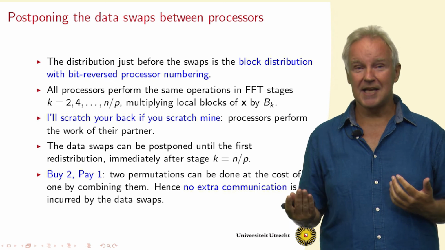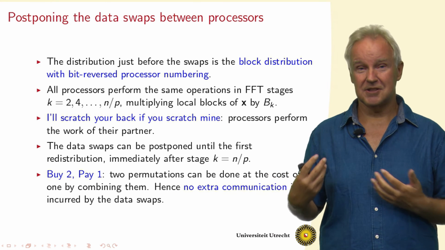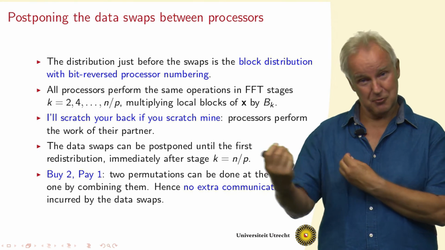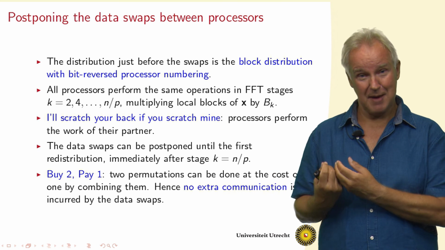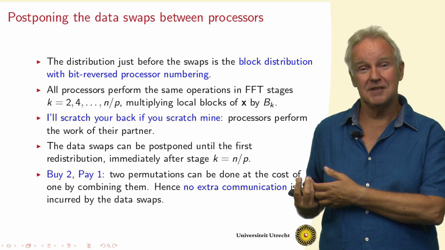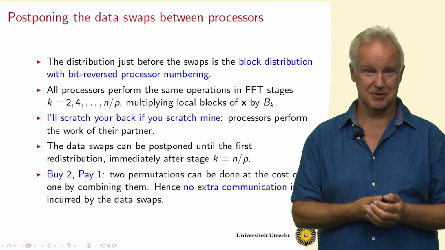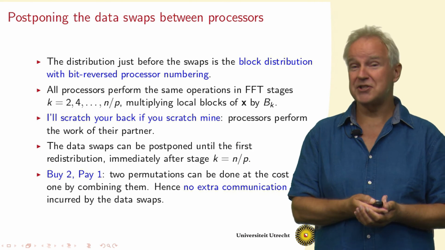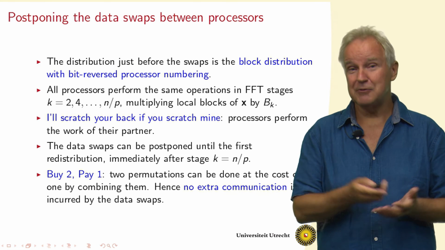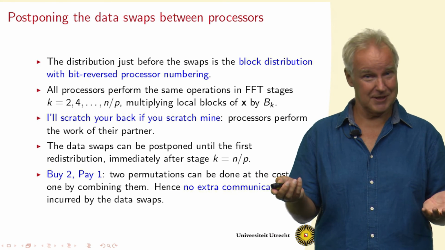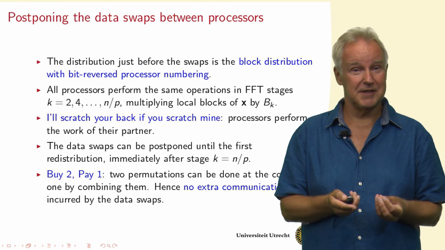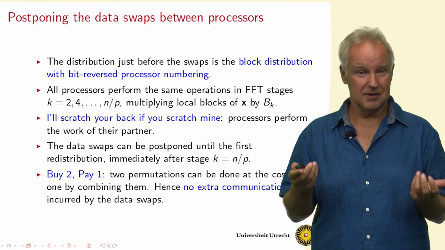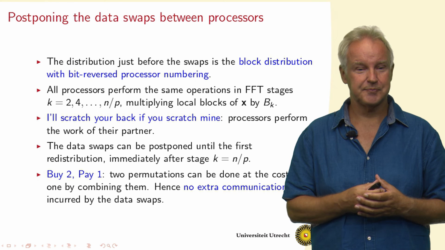And only then this bit reversal swap, the swap between pairs of processors, happens, and it's combined with the move to the cyclic distribution. And that way we have less communication, we save a superstep, and we have a parallel fast Fourier transform which includes the bit reversal, but still has only one communication superstep.